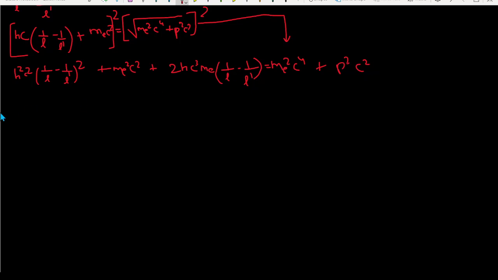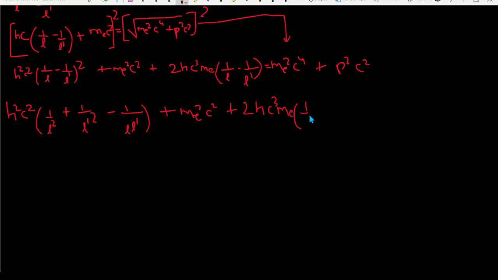Expanding, h square c square times (1 upon lambda square plus 1 upon lambda dash square minus 2 over lambda lambda dash), plus m_e square c^4, where m_e means the mass of the electron, do not get confused, plus 2 h c cube m_e (1 upon lambda minus 1 upon lambda dash), equals m_e square c^4 plus p square c square.